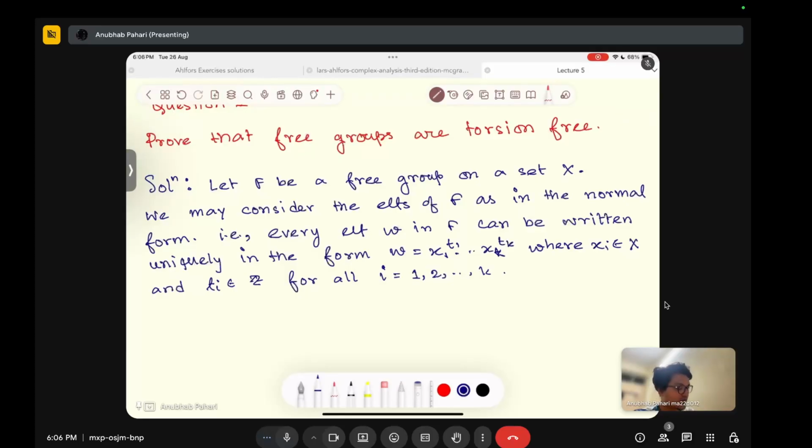There should be another thing to notice: xi is not equal to xj for i not equal to j.